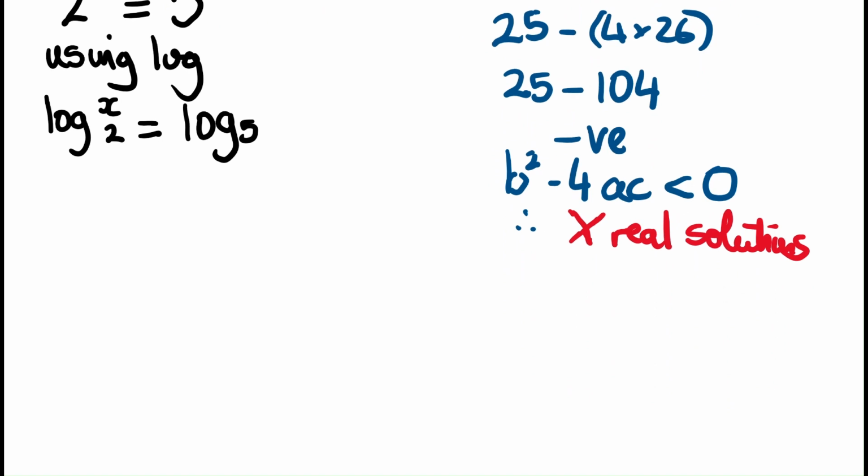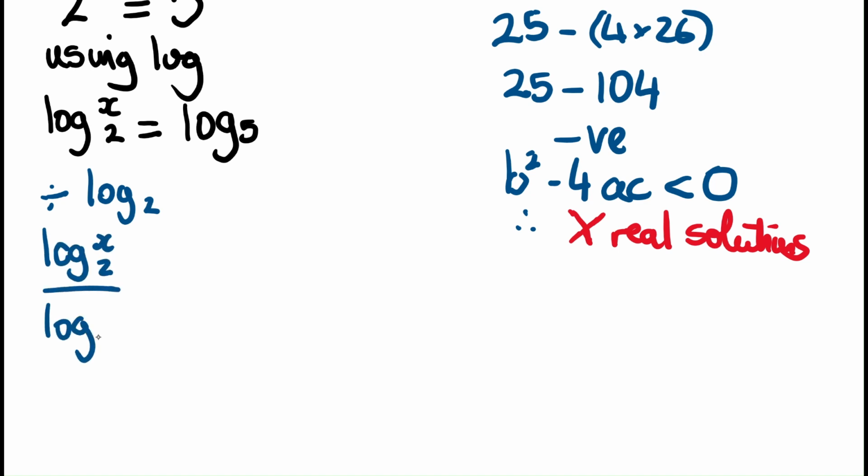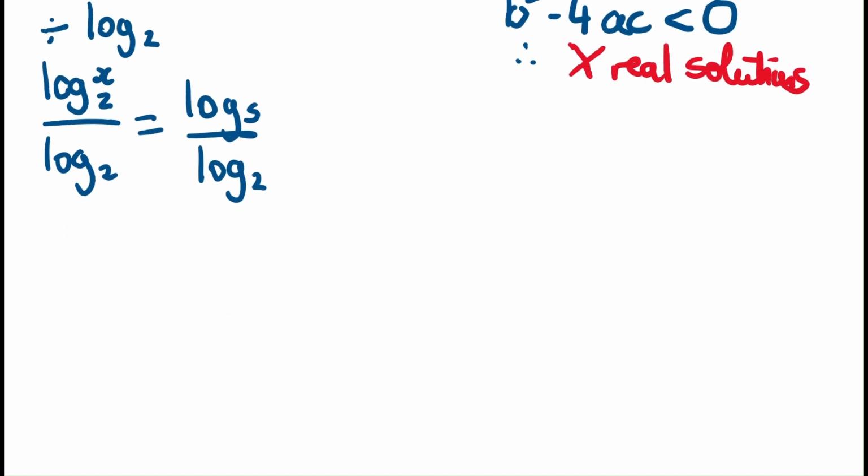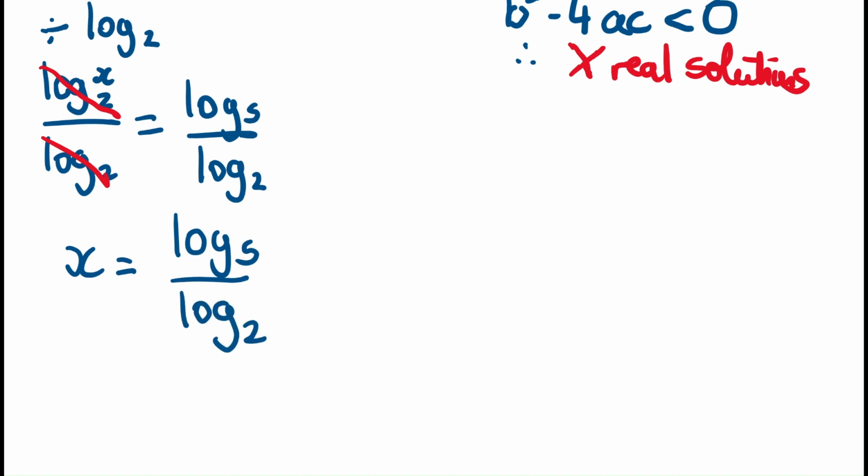And therefore, if we divide both sides by log 2, then we get x log 2 divided by log 2 is equal to log 5 divided by log 2. And on the left-hand side, we can see that the log 2's cancel out to give us that x is equal to log 5 over log 2. And if you put this into your calculator, you get around 2.32 as your final answer to 3 significant figures.